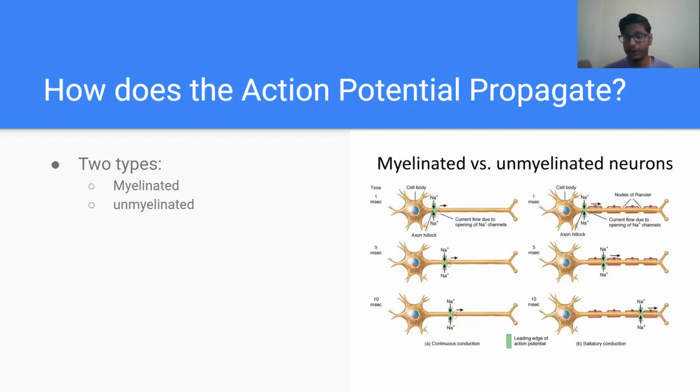In myelinated neurons, there's a myelin wrap around the axon, and these areas that are covered in myelin have low concentrations of sodium channels. But the nodes of Ranvier in between the myelinated areas have a very high concentration of sodium channels.